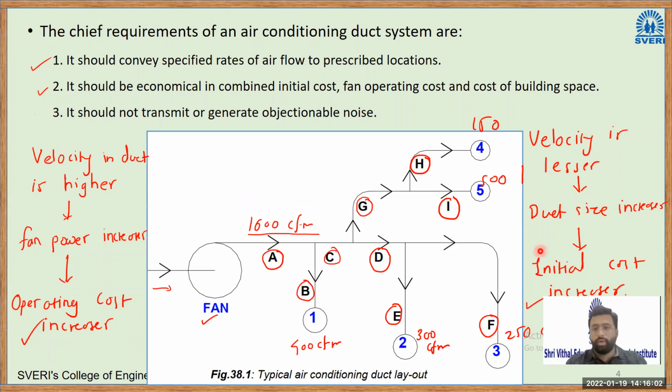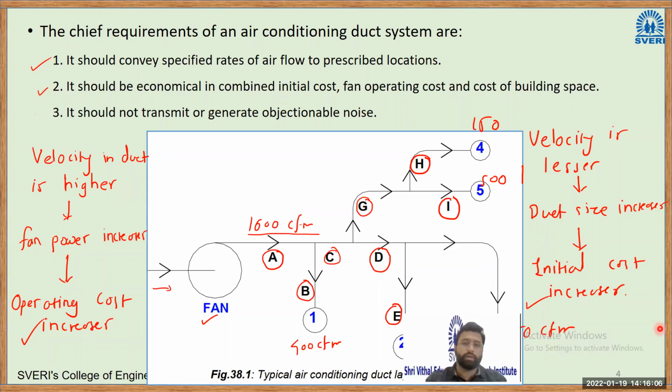Next, if the velocity is low, if you keep the velocity below the required level, the duct size will increase. And initial cost: now that the duct size has increased, the material cost and the fitting cost also increase, so in that case the initial cost will also increase, right?